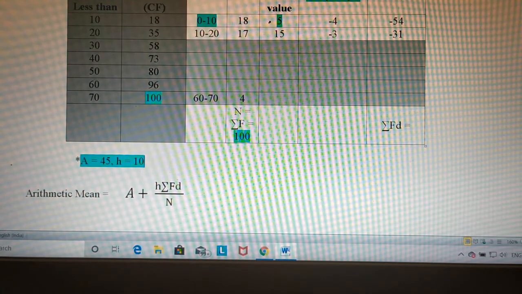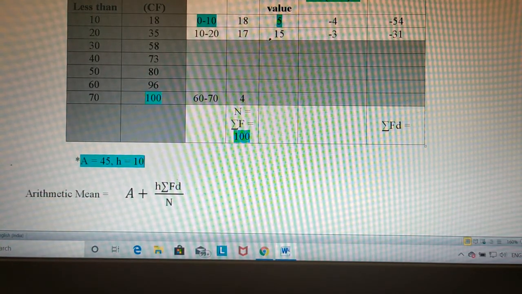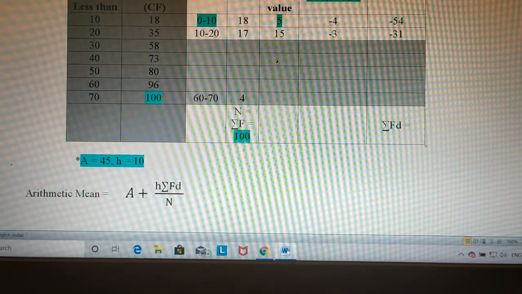The x values are 5, 15, 25, 35, 45, 55 and 65. I've taken 45 as the arbitrary value to solve this problem. Any one value from the x can be considered as the arbitrary value. It might be 35, 25, 15, 45, 55 or 65. But in this problem, we have taken 45 for the calculation.